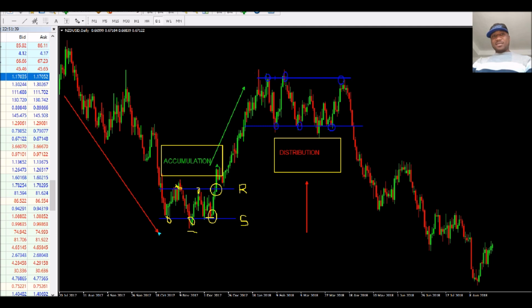Let's say we have resistance R, and then we have support S. So this is the first phase going up, and we identify resistance and support.